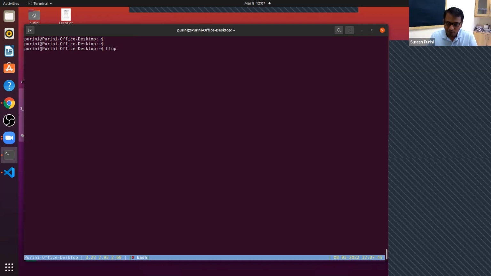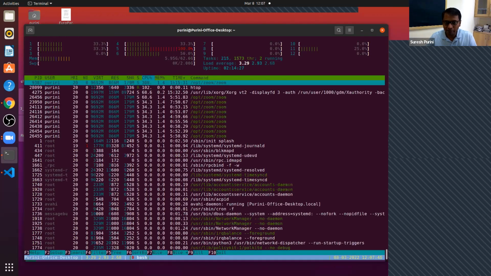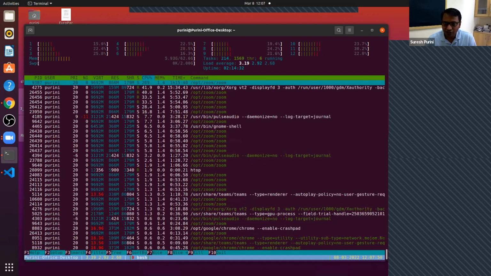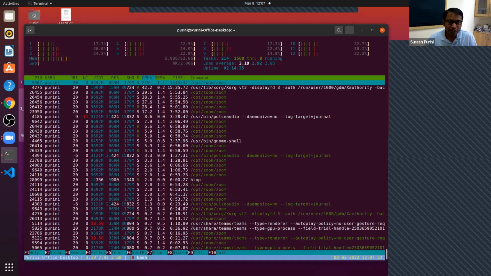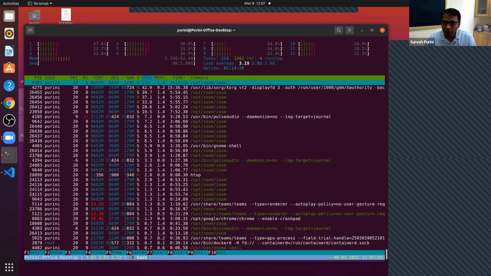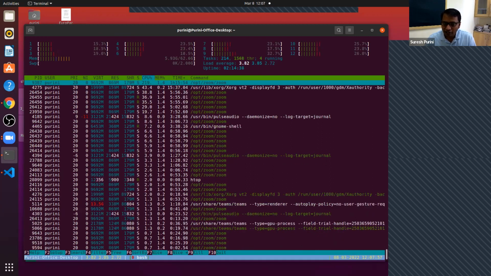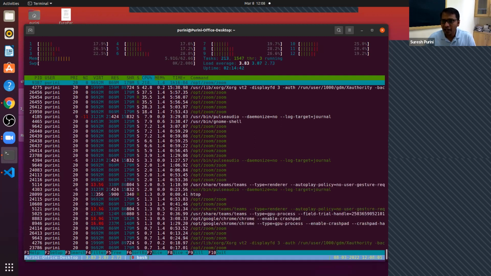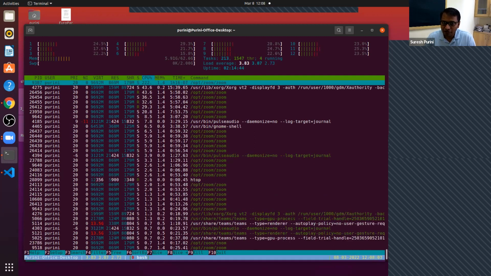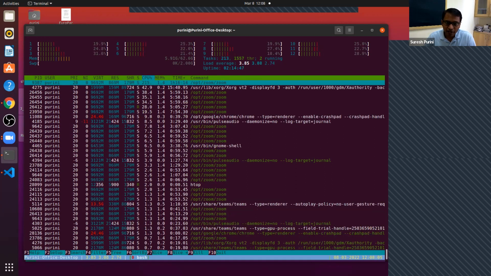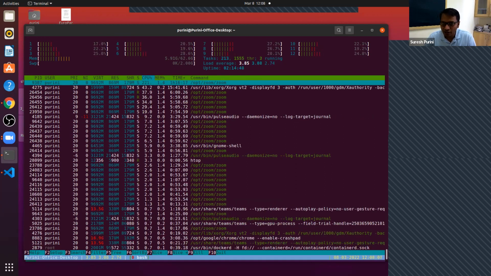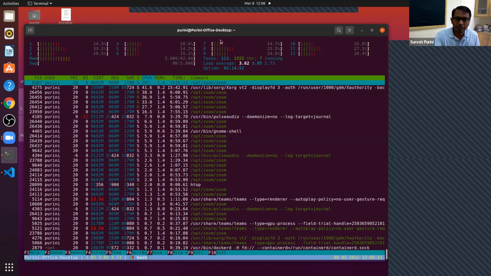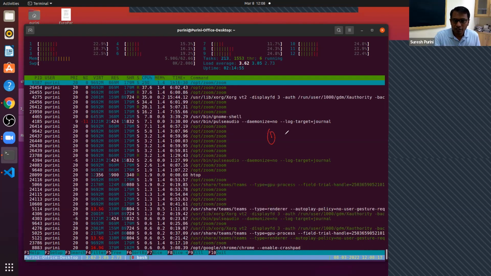You do an htop and see the load on the system. If the CPU is completely hogged, all the cores are completely hogged, and when you give your program for execution, there may not be any problem with your program. It's just that the load on the system is very high, and your program is not getting sufficient compute time. Because of that, it is running slowly. So the first thing you should check for is the load on the system.